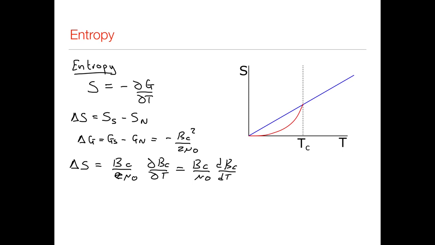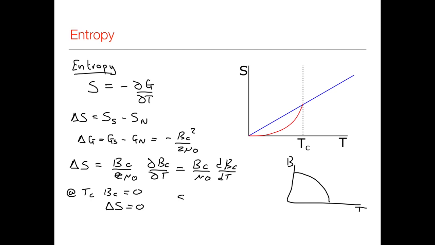Okay. And again, if we remember back to the graph that we had of how BC varied with T, at TC, BC is equal to 0. So what we see from this is that at the transition temperature, delta S is equal to 0.